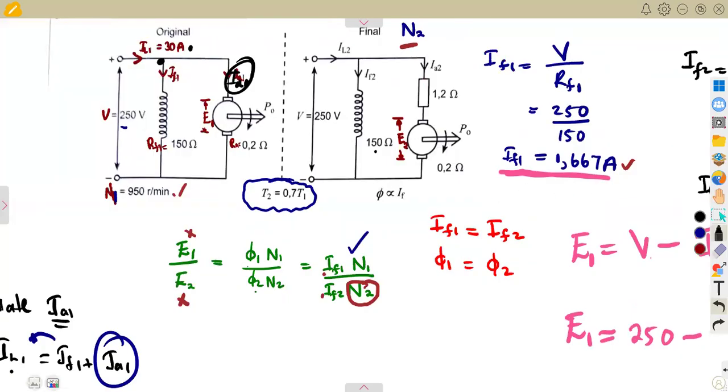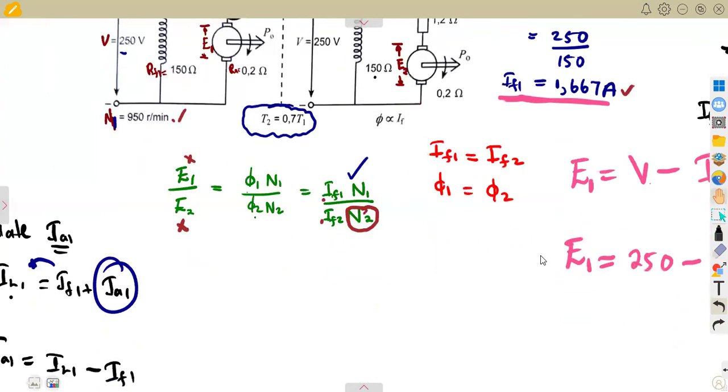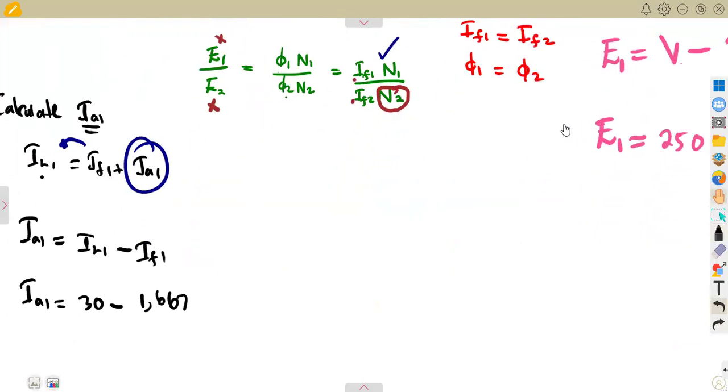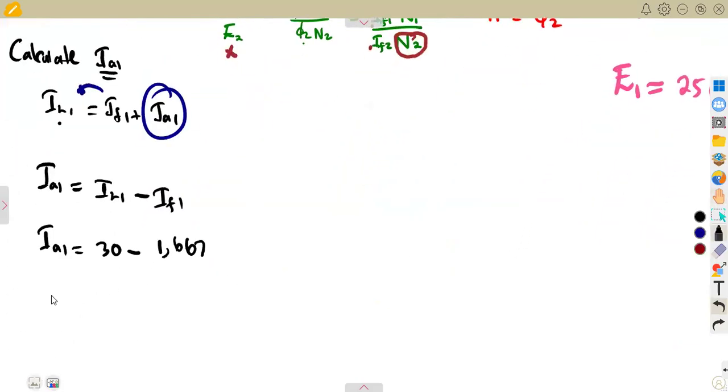30 amps, which is our load current. So that will be 30 amps minus 1.667 amps, which is the field current of the first circuit, the original circuit. That gives us the armature current of the first circuit, the original circuit, and that is 28.333 amps.